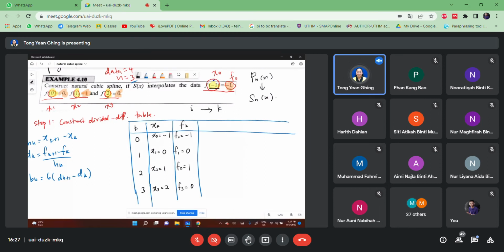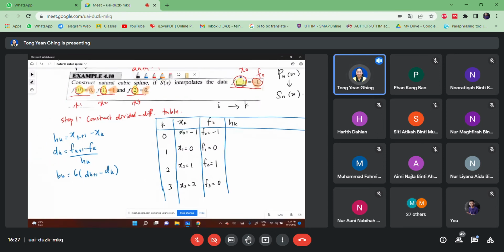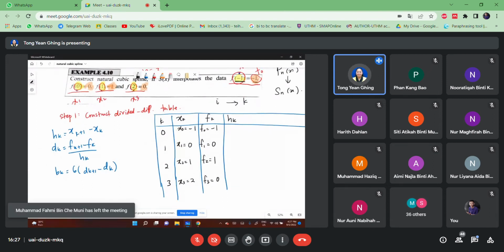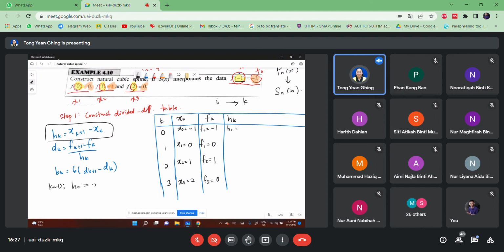Okay, the next one is find the HK. So start with this one. When k equal to 0, I want to find the h naught. I do the calculation here because I'm scared that there is not enough place. So I will use this formula: x1 minus x0.